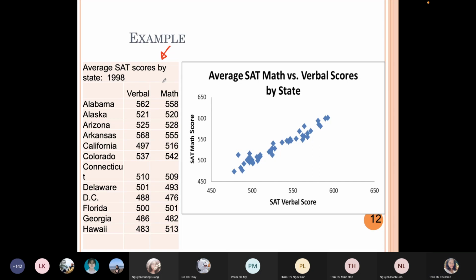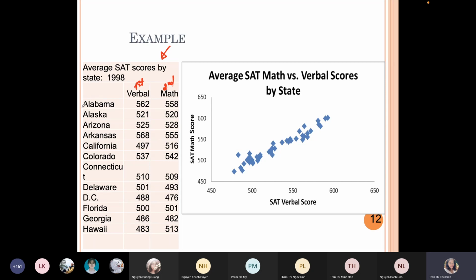So how many variables are in here? Two. Which ones? The first is verbal score, and the second one is math.